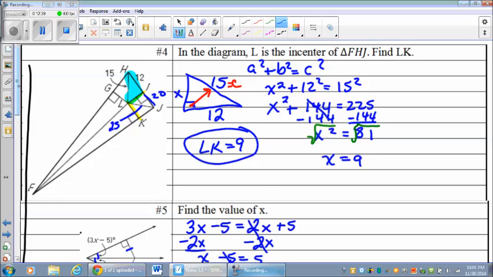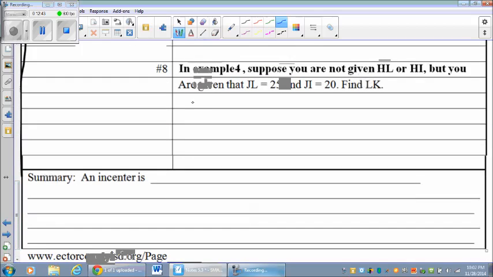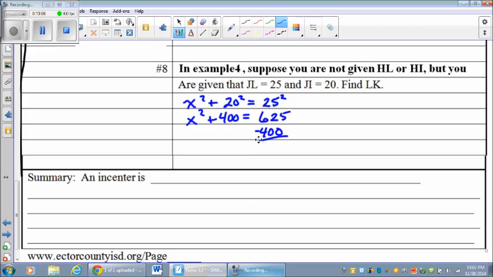So that means I'm using the same formula that I had above. I'm still going to do x squared plus 20 squared is equal to 25 squared. It's x squared plus 400 is equal to 625. I want to subtract the 400, and that gives me 225 is equal to x squared.